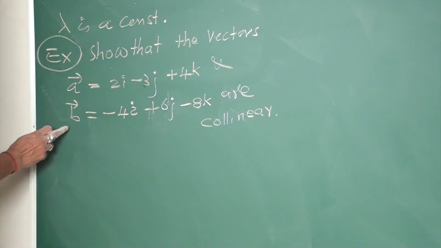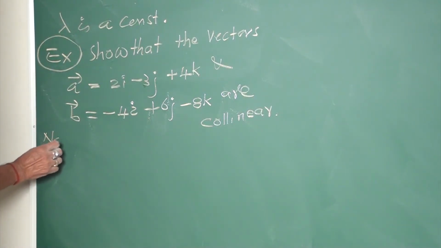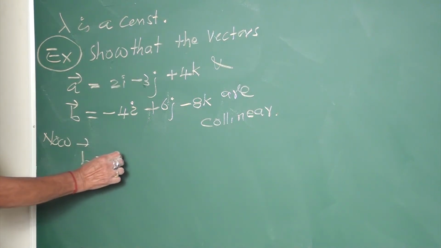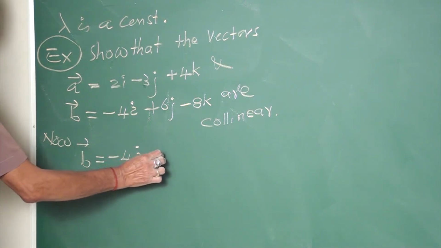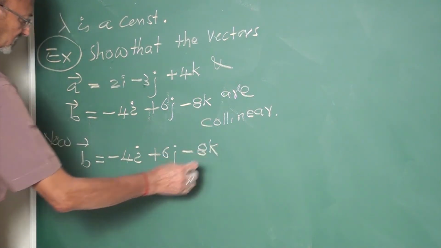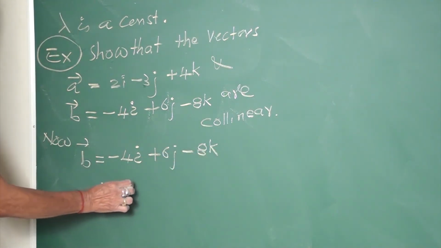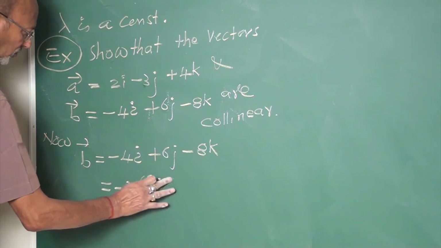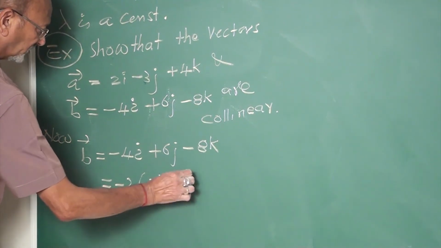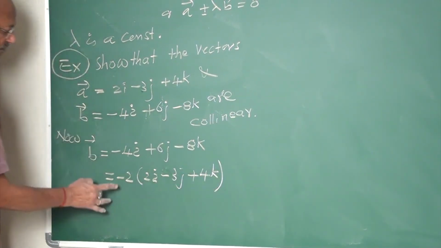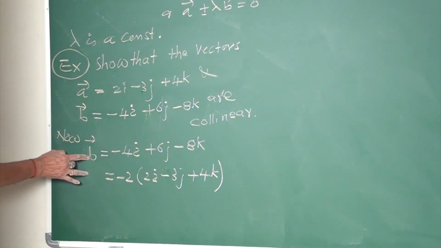Yes, my friend. This is vector B: minus 4i plus 6j minus 8k. What is common? Minus 2 is common. 2i minus 3j plus 4k. This minus 2 is taken outside, my friend.